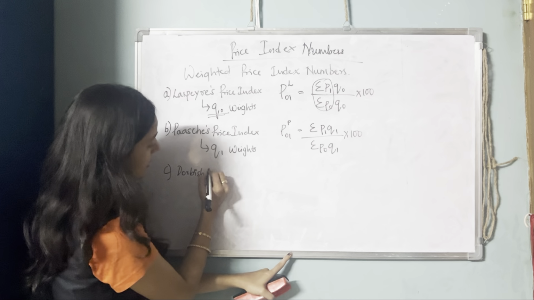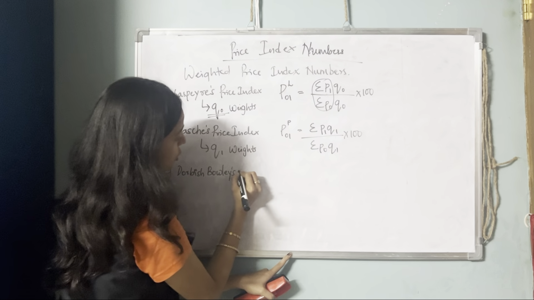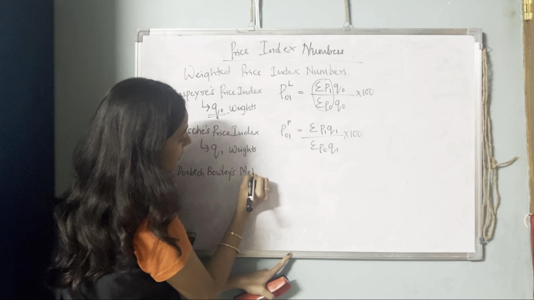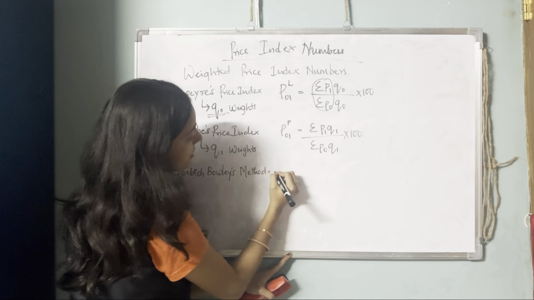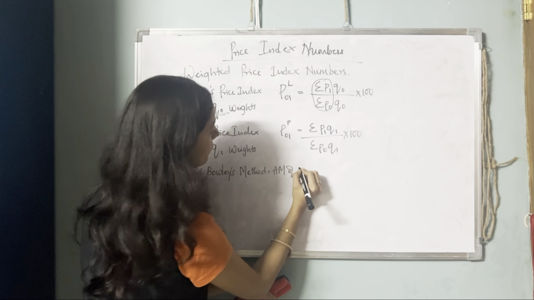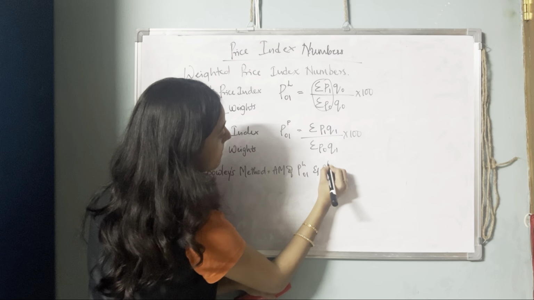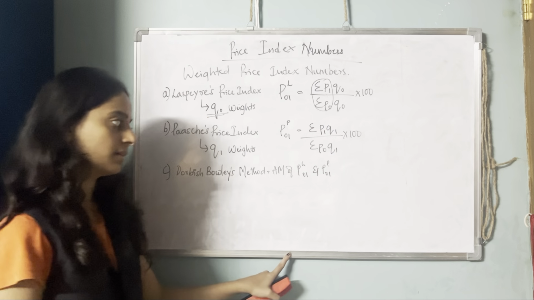Next is Dorbish-Bowley's method. This is nothing but the arithmetic mean of Laspeyres's price index method and Paasche's price index method.